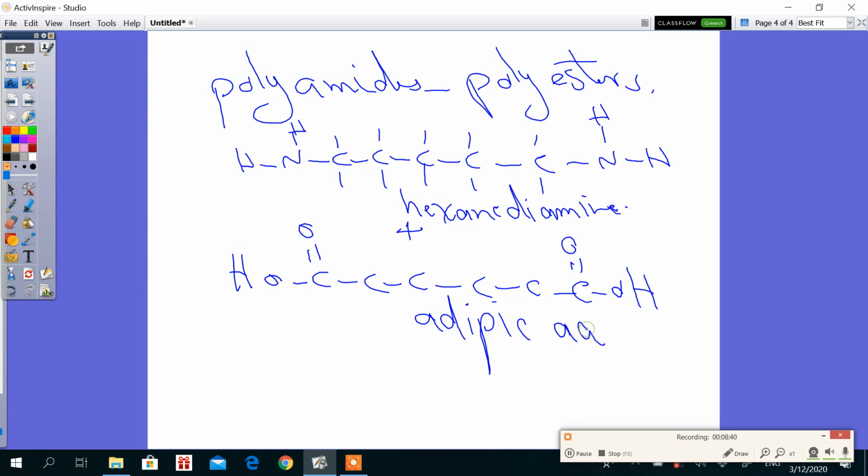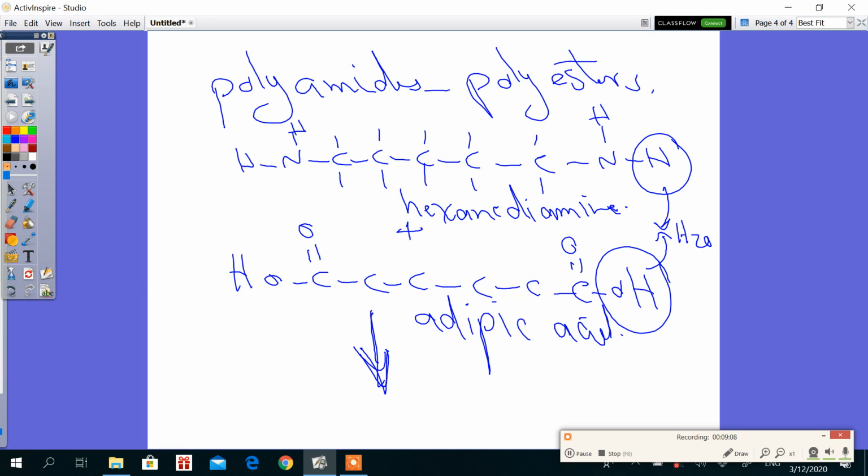If we add these to each other, that's a condensation. Why condensation? Because we can remove 1 molecule of water, as we said before. If we add that compound to that, we can get our product here by removing 1 hydrogen with 1 hydroxide, so you form 1 molecule of water.